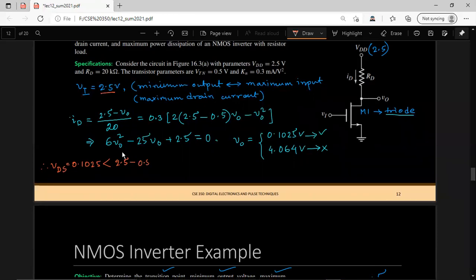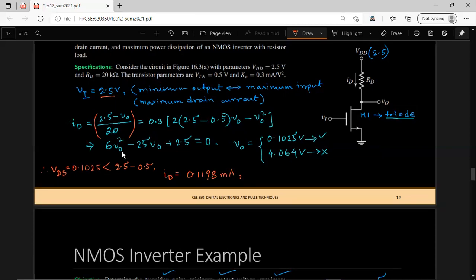So it satisfies the condition for triode region, therefore our assumption is correct. And now we can calculate the drain current. So we can plug in the output voltage here, and we will get the drain current equals 0.1198 milliampere.